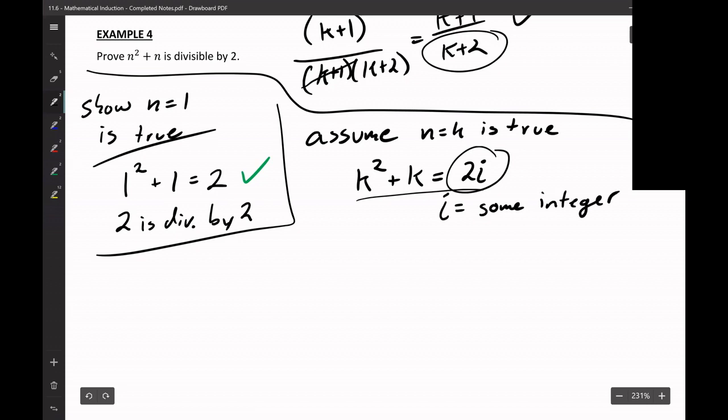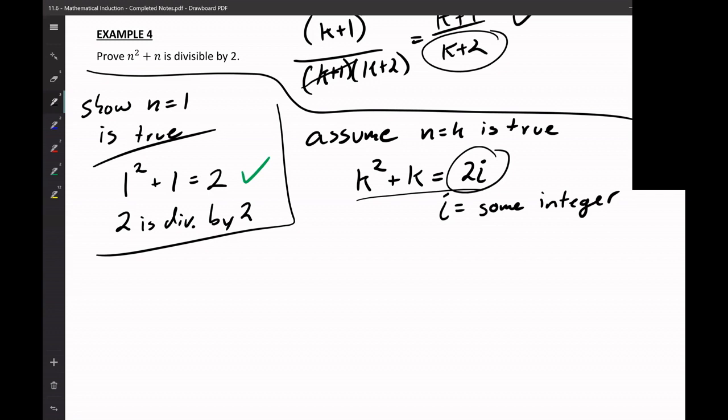Now what we want to do is show, with our assumption, that the k plus 1 term expression is also true. We have to break it down.